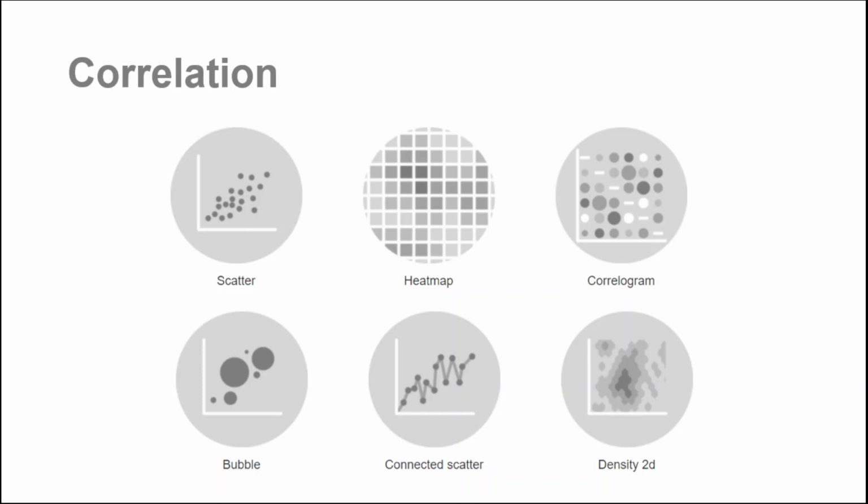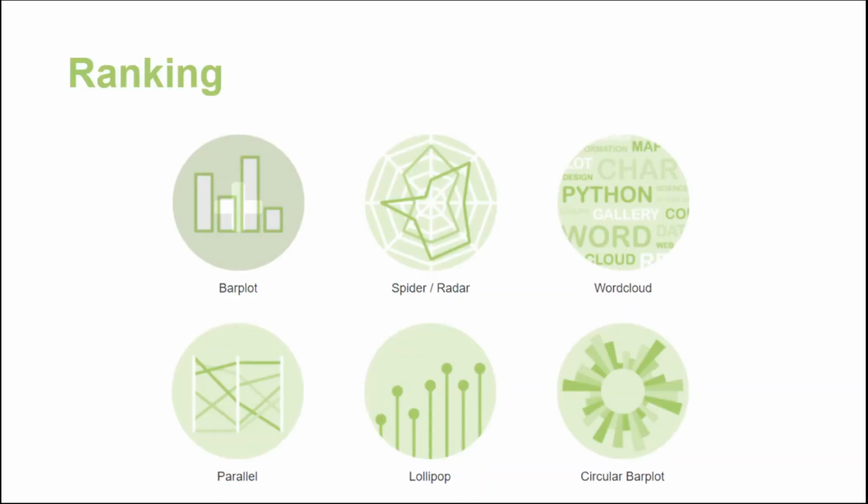But visualizations are very extensive in R Studio, and you can even visualize rankings using the bar plot, spider plot, parallel plot, lollipop plot, and the circular plot. I think you might have come across one of these plots if you follow cricket. In cricket matches, they show many plots regarding the rankings.